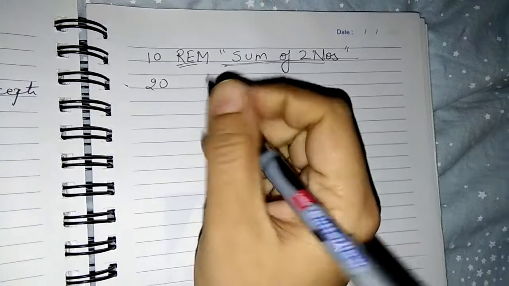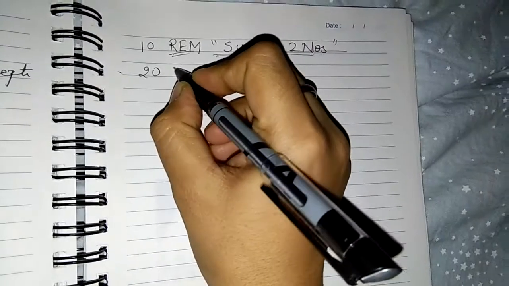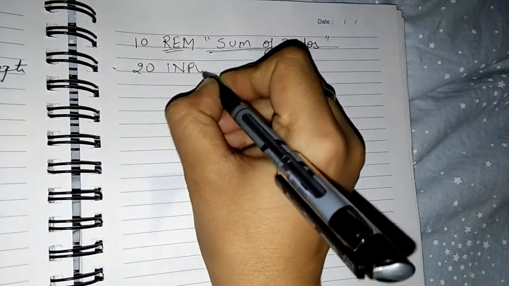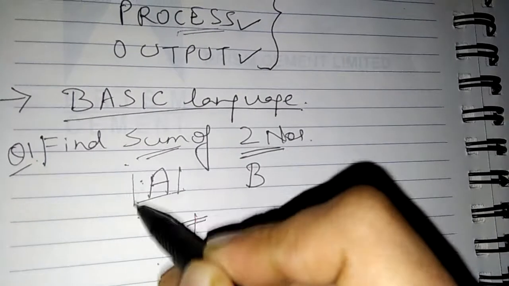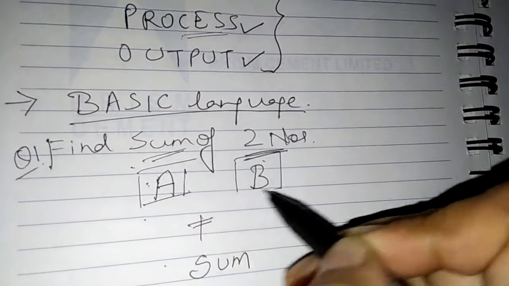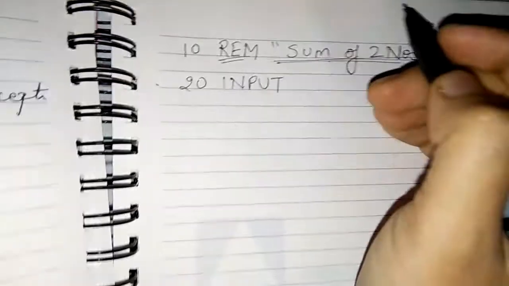Now suppose there are two parts in the input statement. First is that you have learned to take the input from the user. You can take input of these values, and you can also initialize them with some values, whatever you feel.